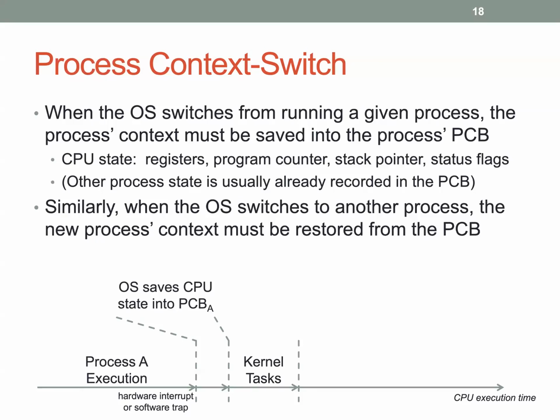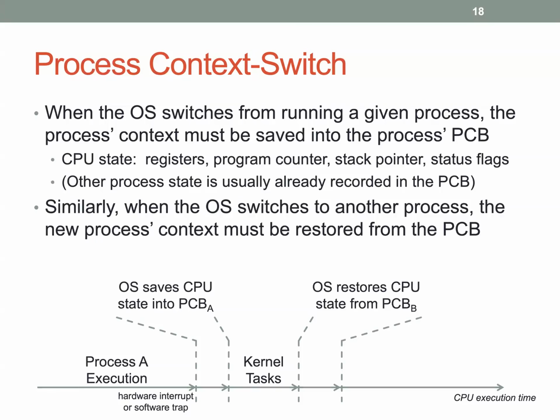At the start, we're doing stuff on behalf of process A. Maybe that means process A is now blocked, so it's time to switch to another process B. You can imagine the scheduler will have run in that little kernel tasks chunk. Then process B is chosen to run next, and the OS is going to take the machine context from the process control block and restore it.